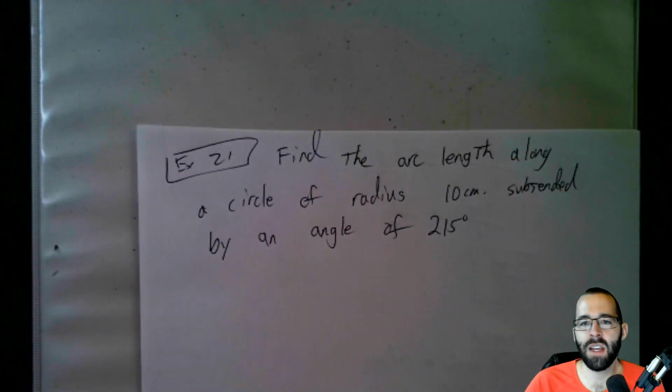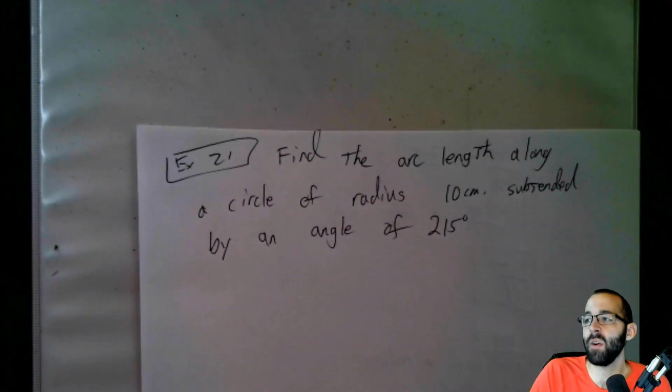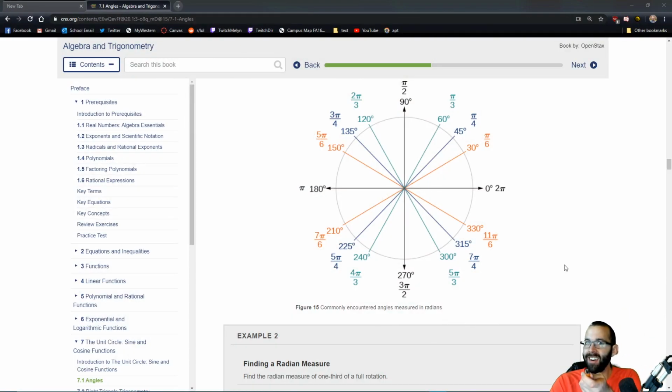And again, maybe you're not a superstar when it comes to remembering angles, but hey, we're back here in the book. Become familiar with these angles. Or again, you could also say that you're going 180 degrees and then 35 more.